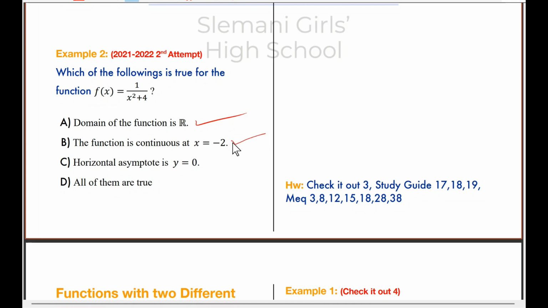It doesn't make the denominator 0. Horizontal asymptote is y equals 0. Yes, the degree of the top is less than the degree of the bottom. So it seems they're all true. All of the above are true, option D.